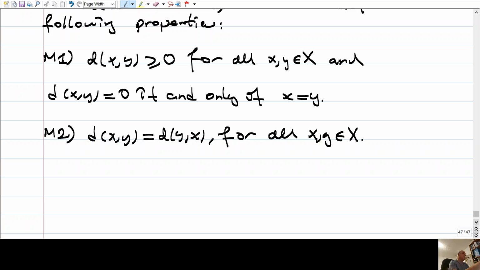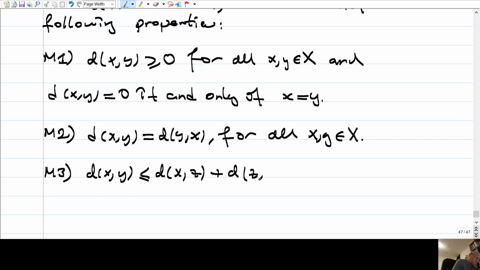And the third one is maybe the most important one. Well, they are all important. The triangle inequality: distance from x to y should be less than or equal to distance from x to z plus z to y, for all x, y, z.